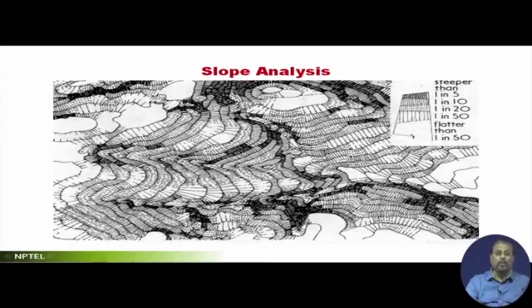So now if I look at this particular side, without having any idea about the contour elevation of each one of these contours, one can easily infer that this is a very steep area. Very steep is steeper than 1 in 50. This portion is steeper than 1 in 50 by this legend. This one is steeper than 1 in 50.